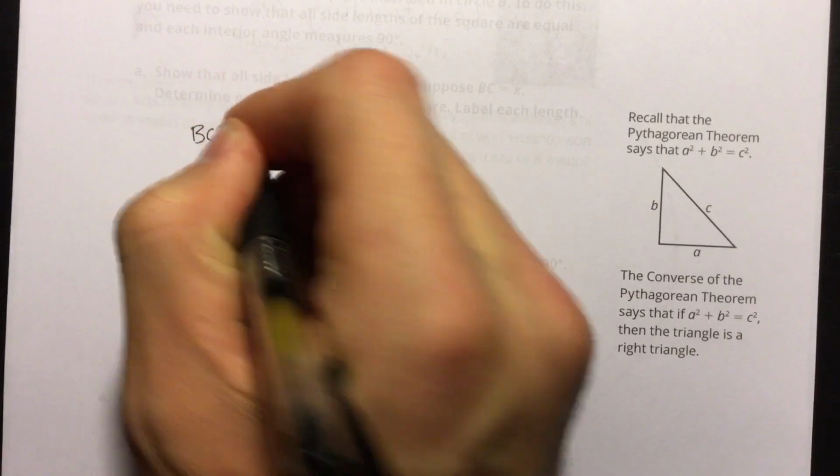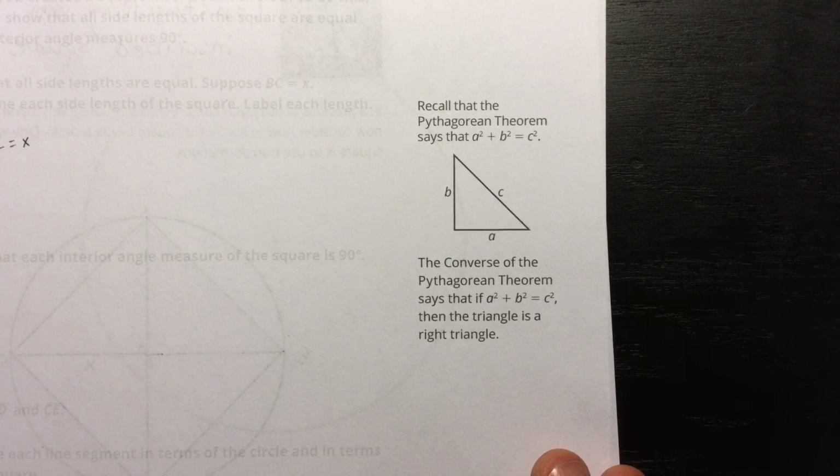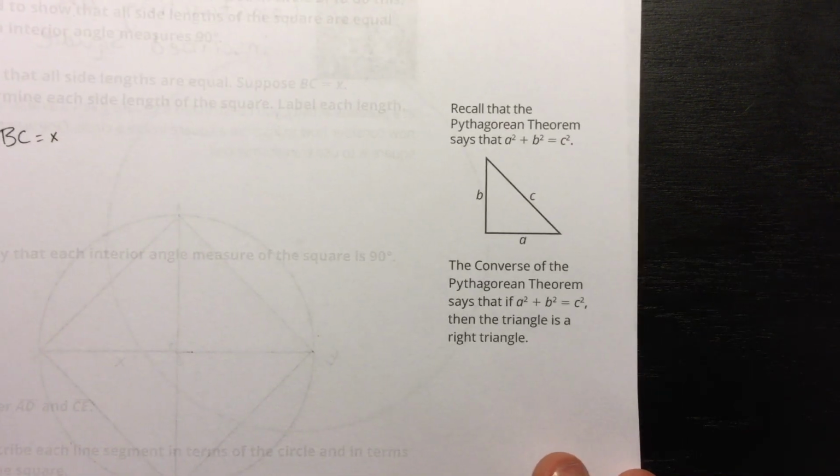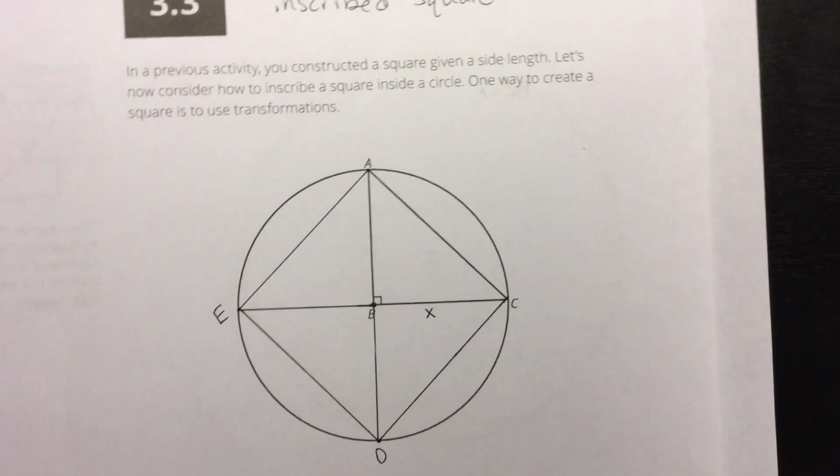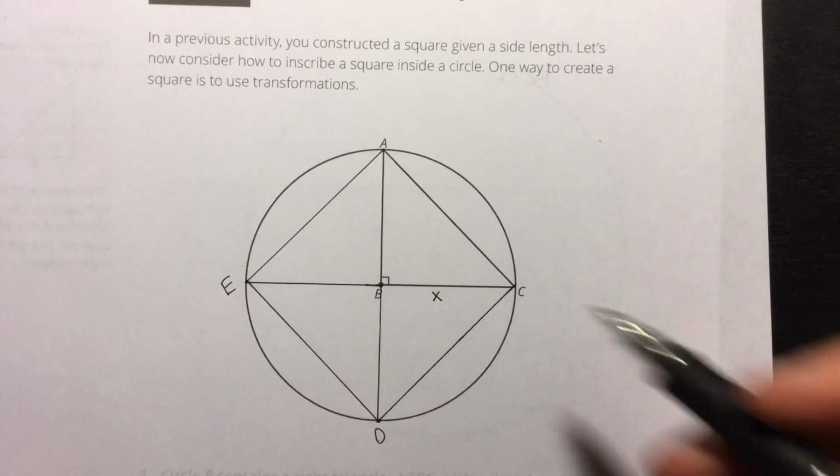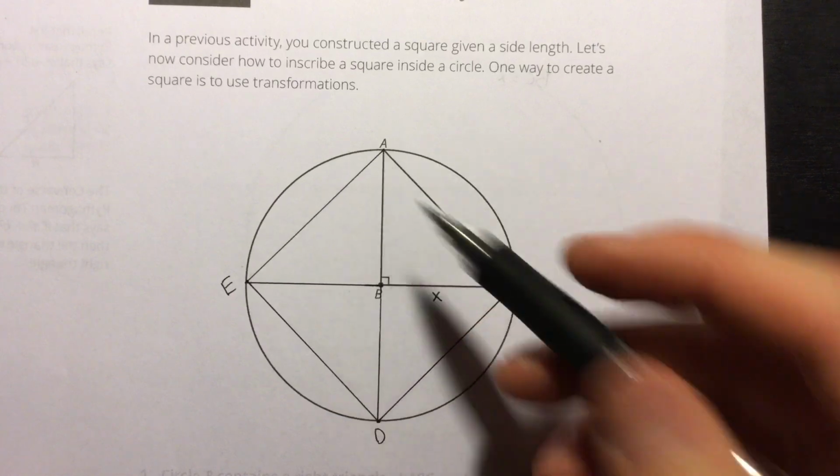So what I'm going to do here, we said that BC is equal to x. And over here we have a little reminder on the Pythagorean theorem, a squared plus b squared is equal to c squared. I want to know the length of AC because I want to prove that this is a square, so I need to prove that all of these lengths are the same.